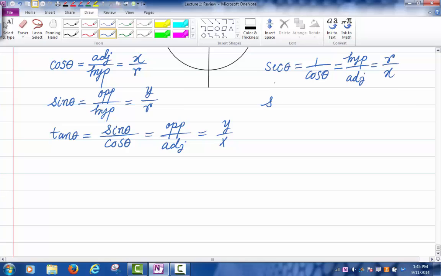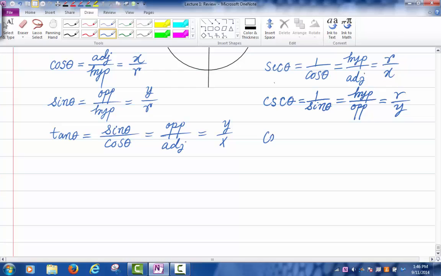Cosecant theta is 1 over sine theta, which is the hypotenuse over the opposite, which is r over y.